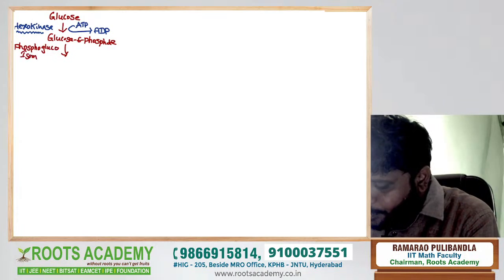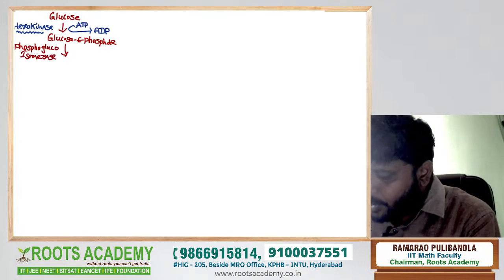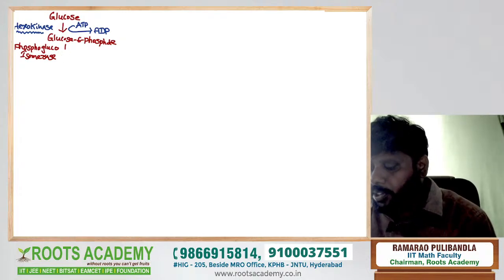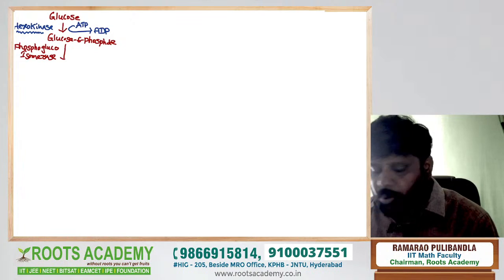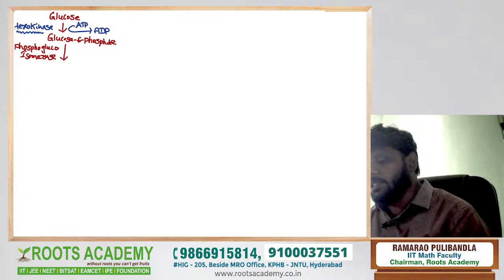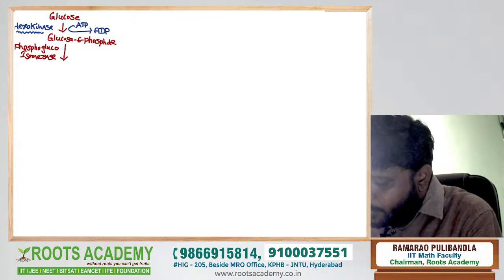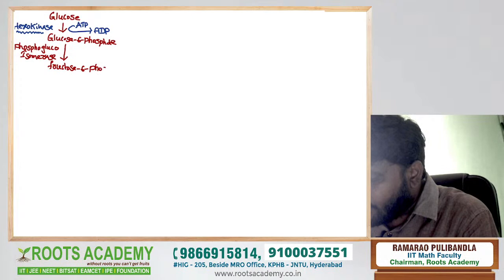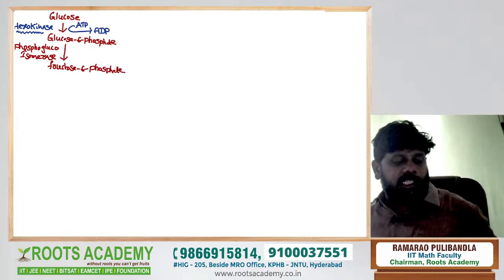phosphoglucoisomerase enzyme, is converted into its isomer, fructose 6-phosphate. Isomers means structurally similar.